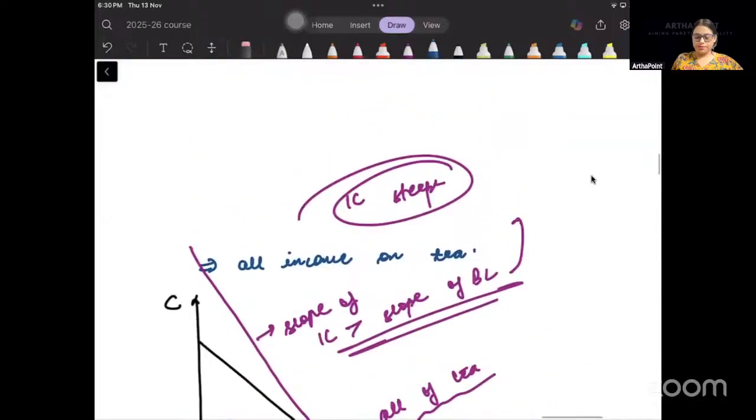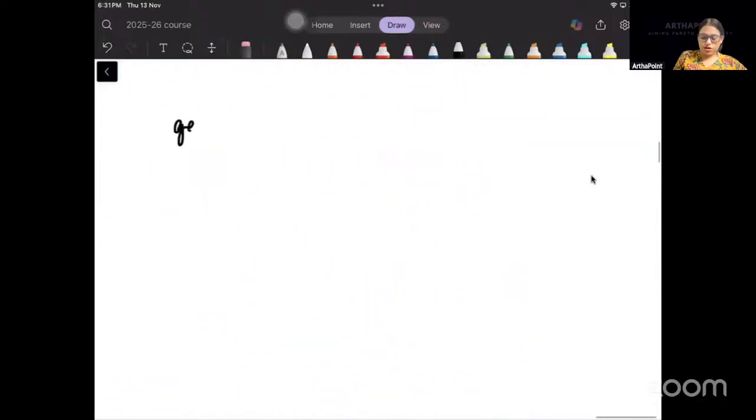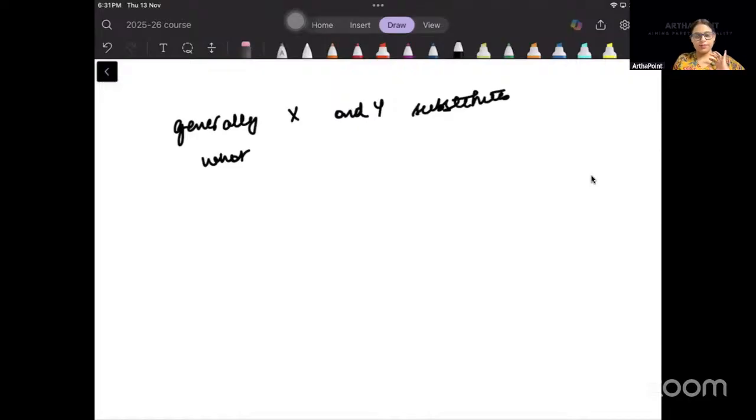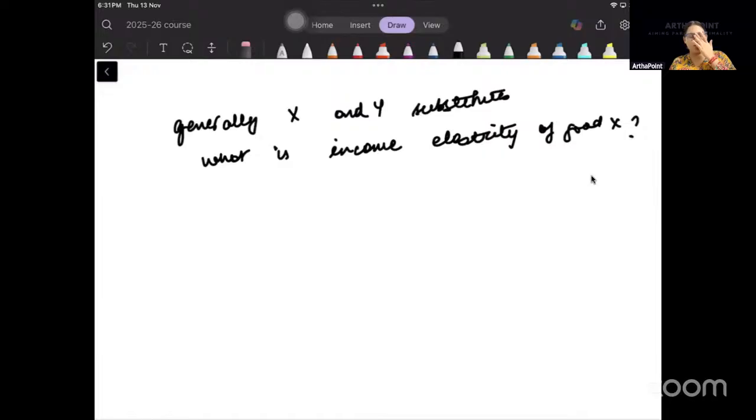But generally, suppose if I just ask you कि generally, if there are two goods X and Y, ठीक है, which are substitutes, then what is the income elasticity of good X? जनरली स्पीकिंग, when I have two goods X and Y which are substitutes, but I am not given any condition, तो फिर it can be zero also. क्यों? Because what if I have MRS less than PX by PY?